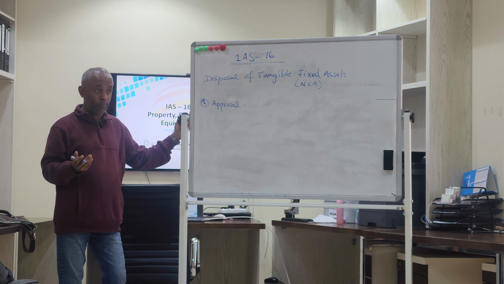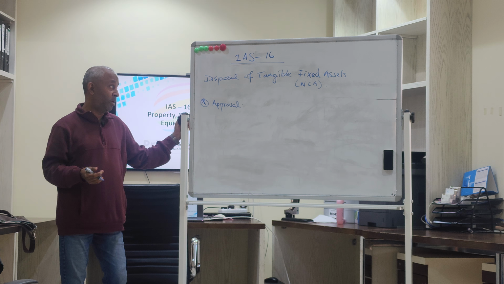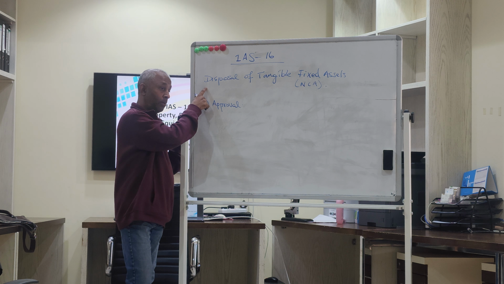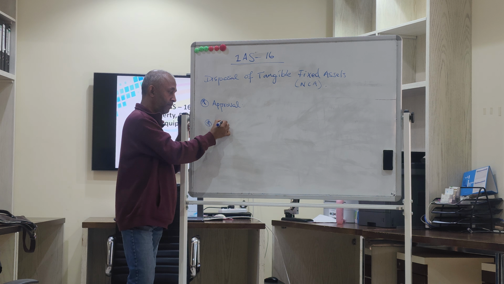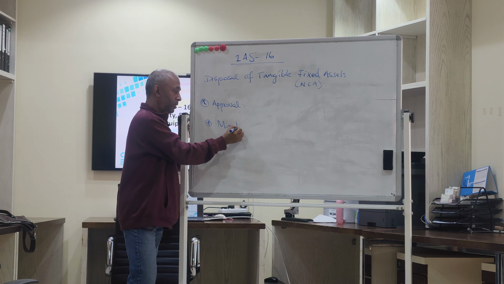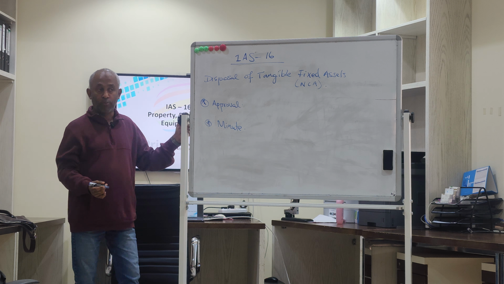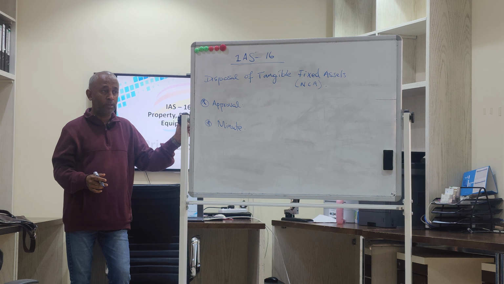If the company is so big, if the procedures and policies are well established, then for the purpose of making a disposal, you need an approval through a minute or a board minute. The board of directors should issue approval.